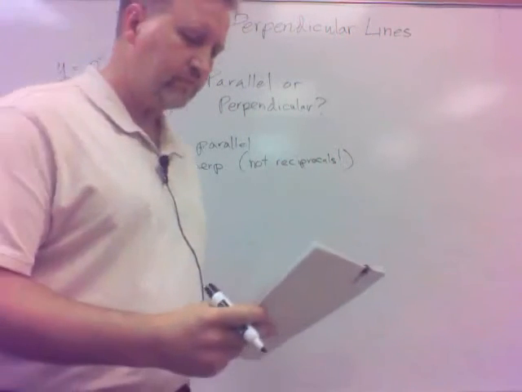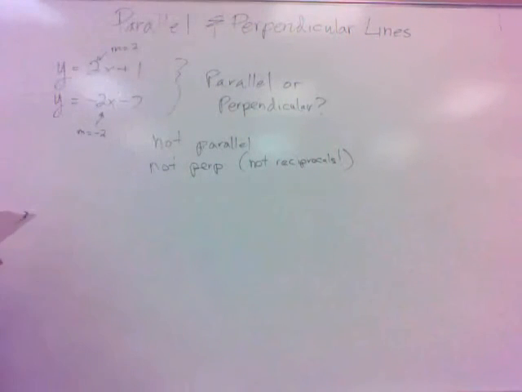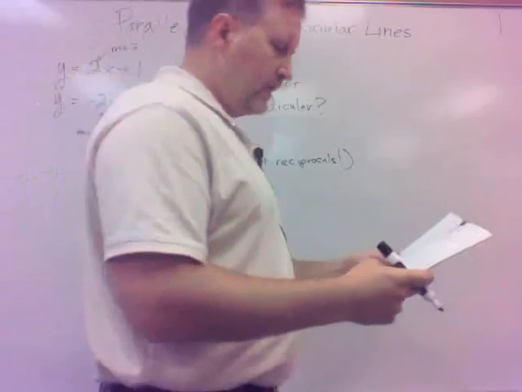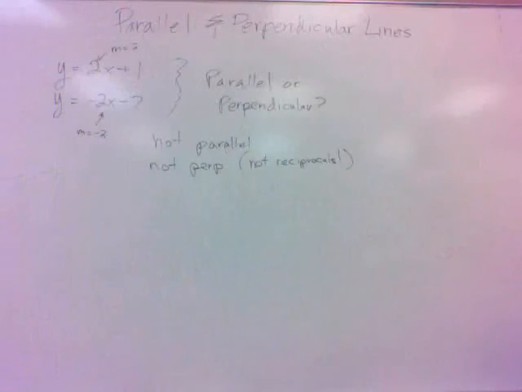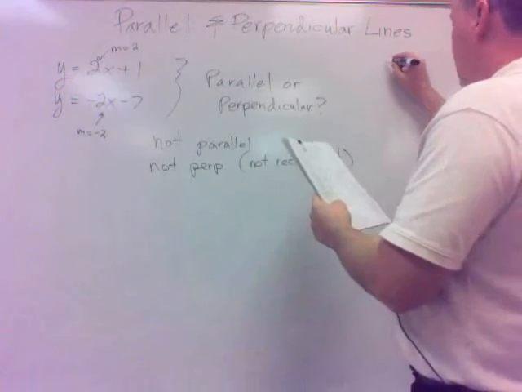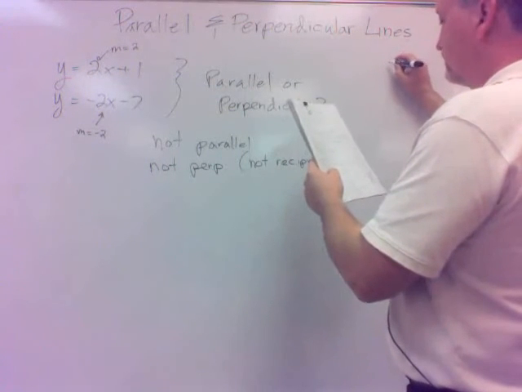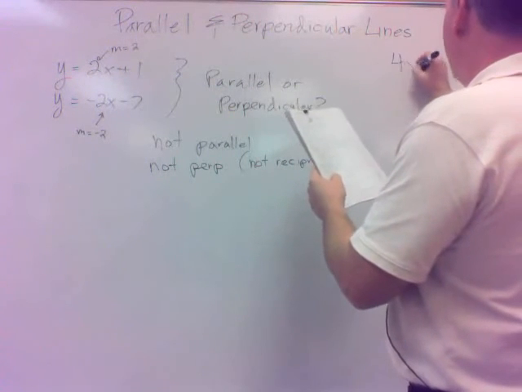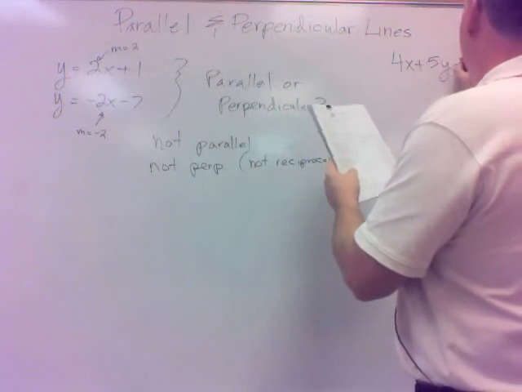All right, now here's one other one. Let's say we've got this right here: 4x plus 5y equals 9.